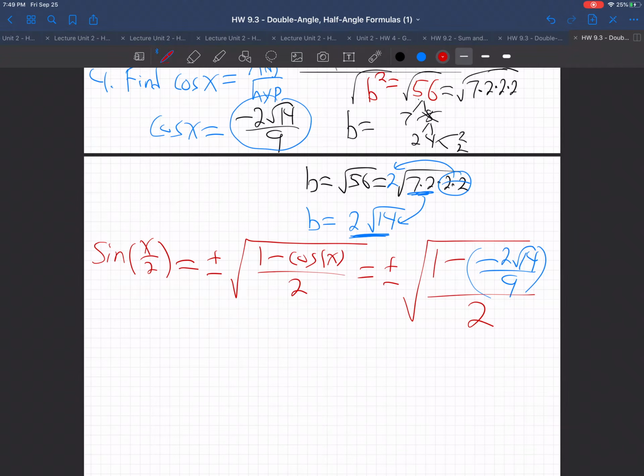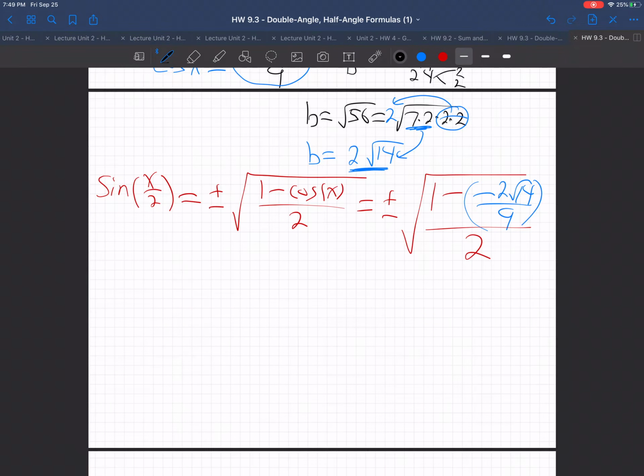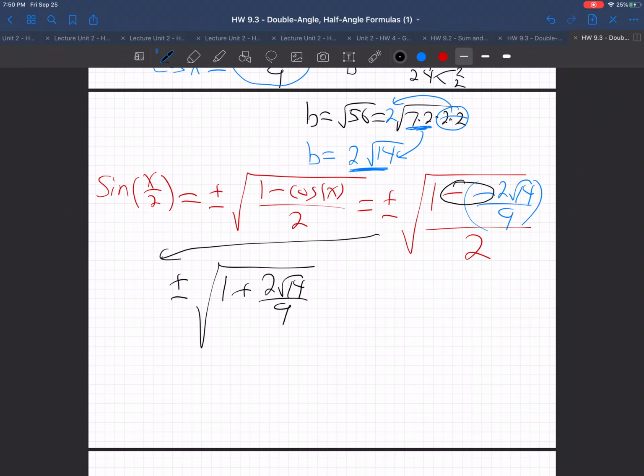That's a little messy, isn't it? So there we go with that. Let's see what we can do with that thing. Bring it over here. Plus or minus square root 1. Now the double negatives here, you know that's going to become positive. 2 root 14 over 9 all over 2. Now, what do we do when we got fractions over fractions? Remember, we've run into this several times.